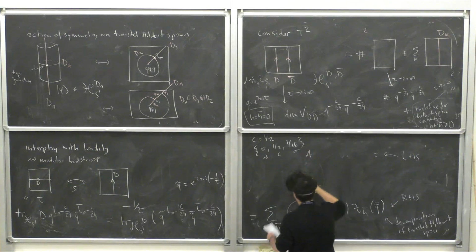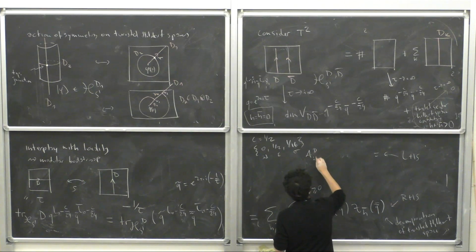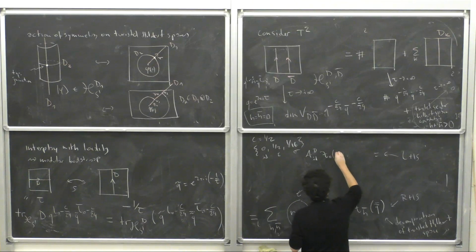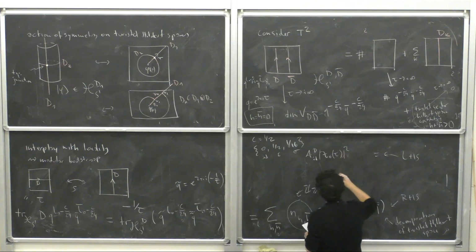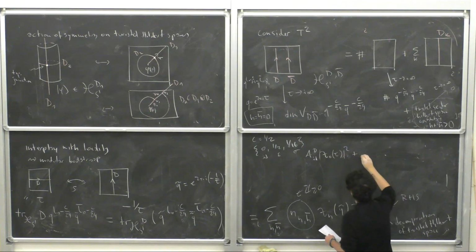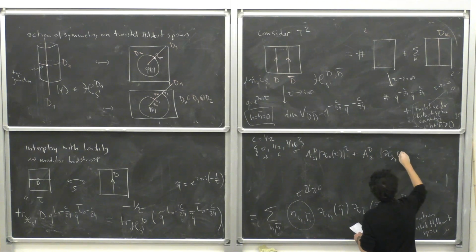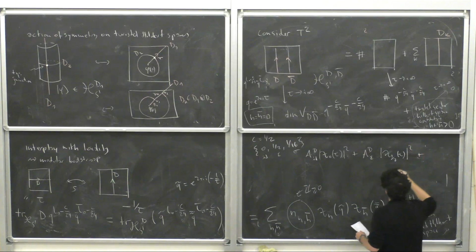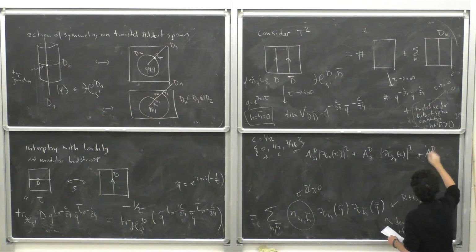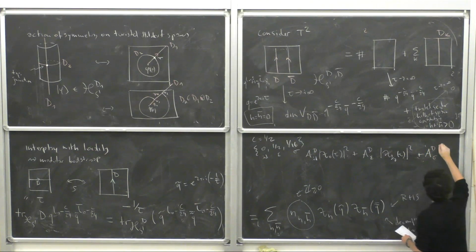It has an a of D on the identity, times chi0 of tau squared, plus a of D on epsilon times chi of a half tau squared, plus a of D on sigma times this character.